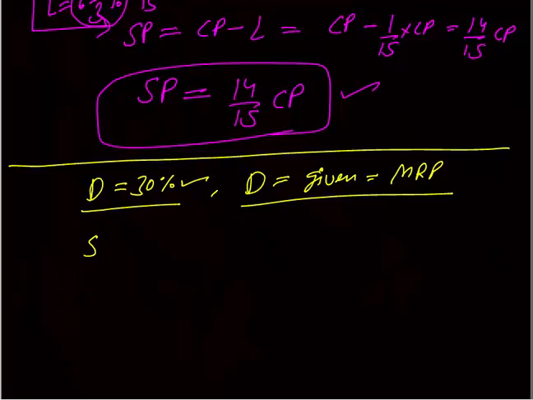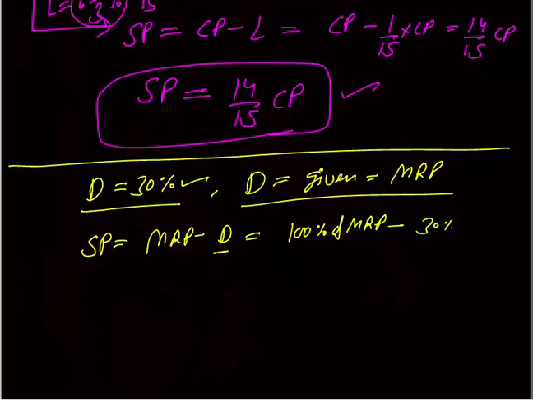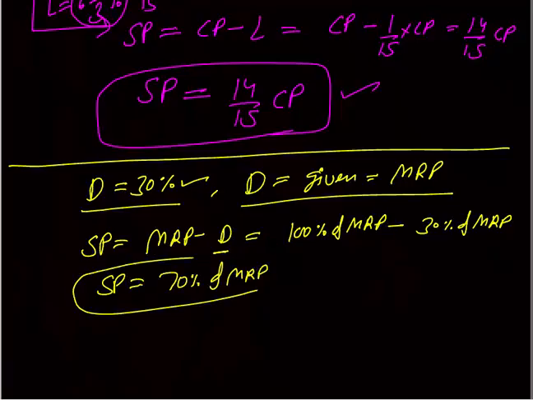Can I say selling price is equal to MRP minus discount? MRP is 100% of itself. Everything is 100% of itself. Now discount is always calculated on MRP. This is 30% of MRP. So whenever you give a discount of 30%, you will sell at 70% of MRP.